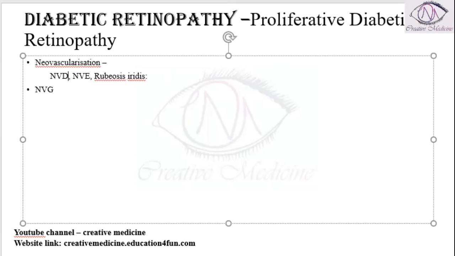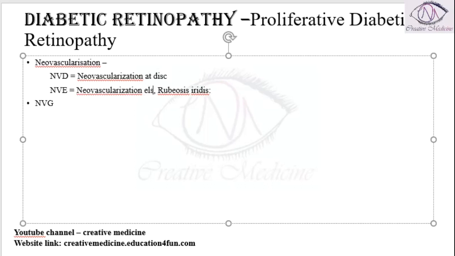This neovascularization can be neovascularization at the disc, or neovascularization elsewhere, or it can include rubeosis iridis, and this also includes neovascular glaucoma.